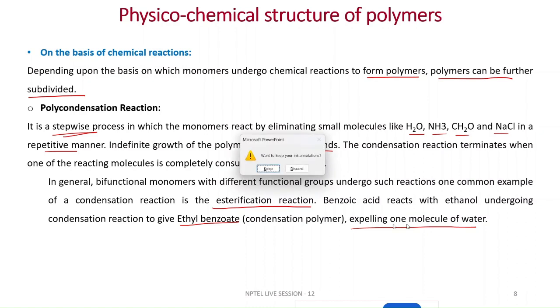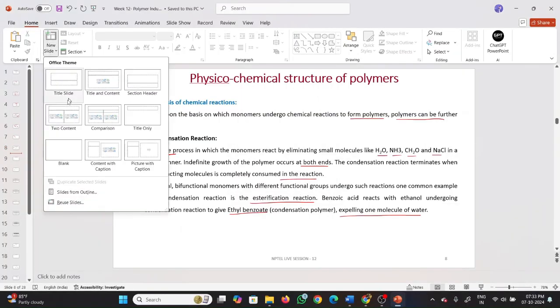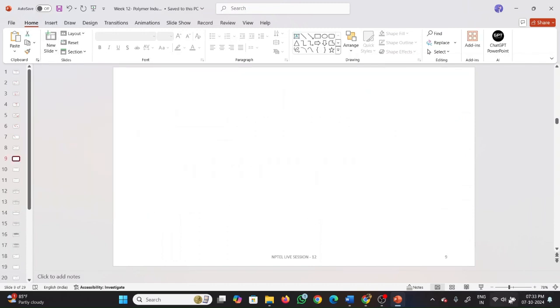If I want to describe the reaction, the benzoic acid reacts with ethanol.